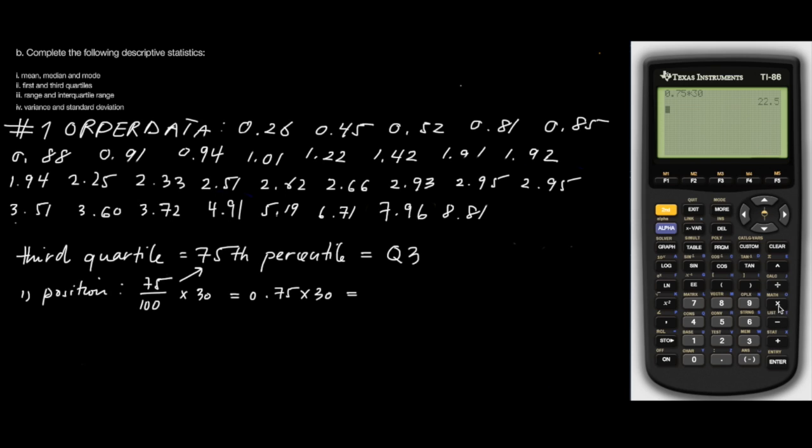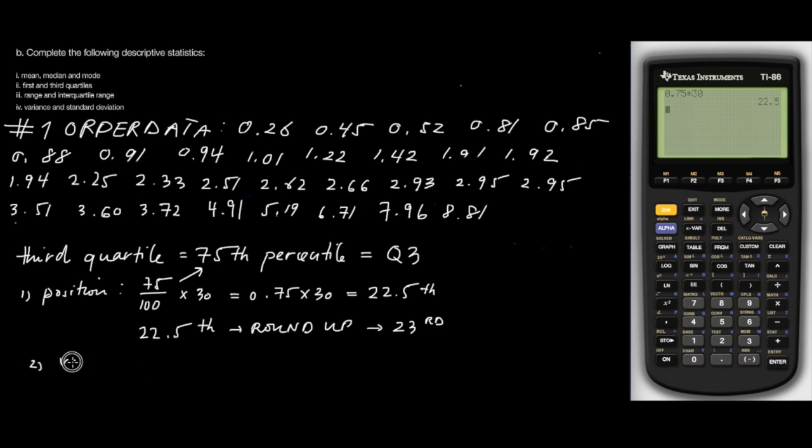So this is the 22.5 position. And we know that when we have decimals, like 22.5, we'll simply round up, and this will be the value at the 23rd position.